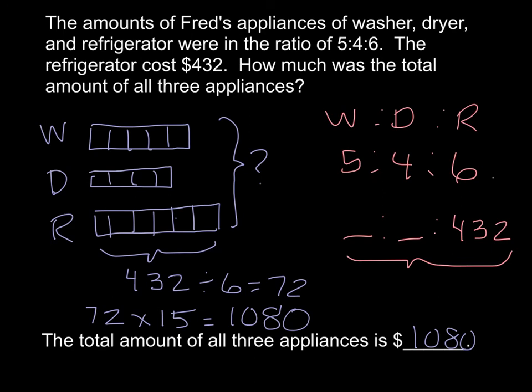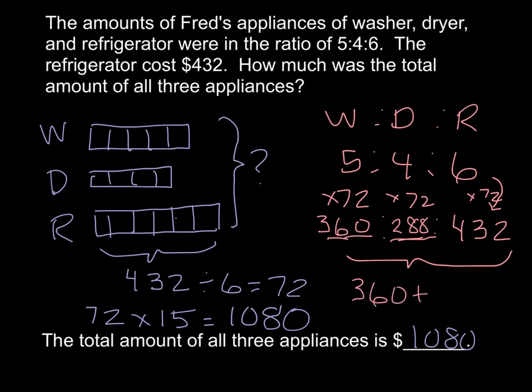Again, 6 goes into 432 72 times, which we found out by dividing, so each of these needs to be taken times 72. After I get my washer price, my dryer price, and my refrigerator price, then I add all of those together. 360 plus 288 plus 432, and that gives me my 1,080 using that method.